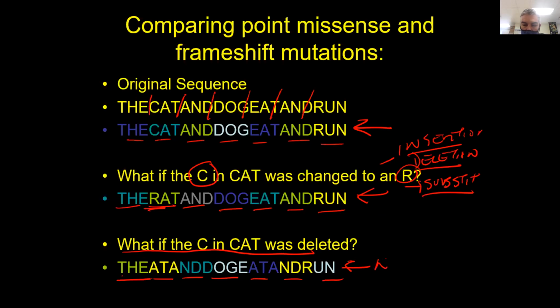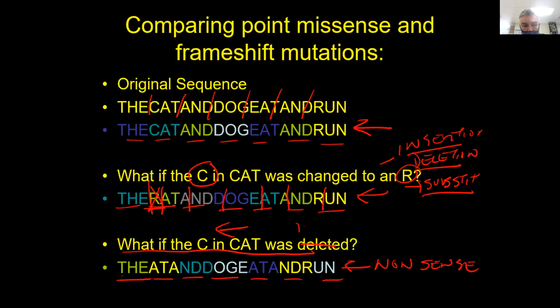This results in complete nonsense. You're probably going to hit a stop codon when you do this. All I did is shift the reading frame. Here is OGE, here's ADA. All I did was totally shift everything down. We got rid of this and our reading frame shifted to the left.